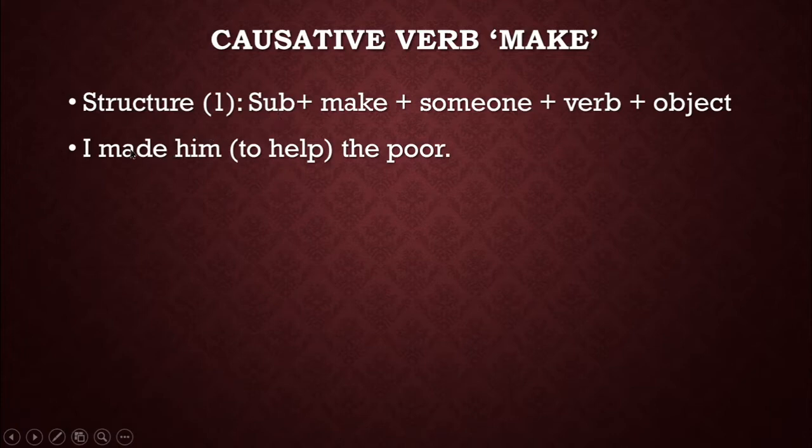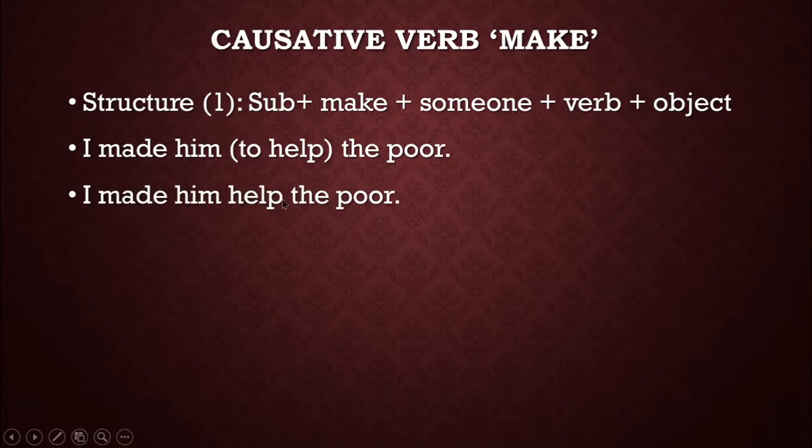Here I is the subject, and we have the causative verb make, the past form made, then we have someone, him, indicating a person, and then here we have to help, that means an infinitive verb. Here we are instructed to write down the base form of the verb. So we will write help and then the object, the poor. So the answer will be I made him help the poor.